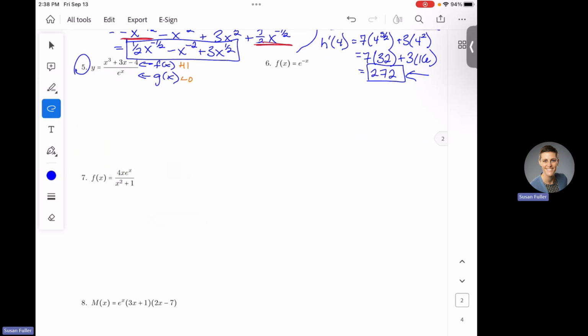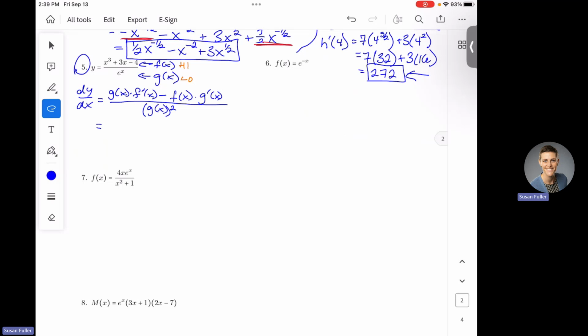And then once we have named those, our derivative dy dx is going to be low, g of x, times d high, the derivative of the top, which is f prime of x, minus high, f of x, times d low, the derivative of the bottom, that's g prime of x, all over low, which is g of x times itself, or g of x squared. Okay, now we just have to do this.